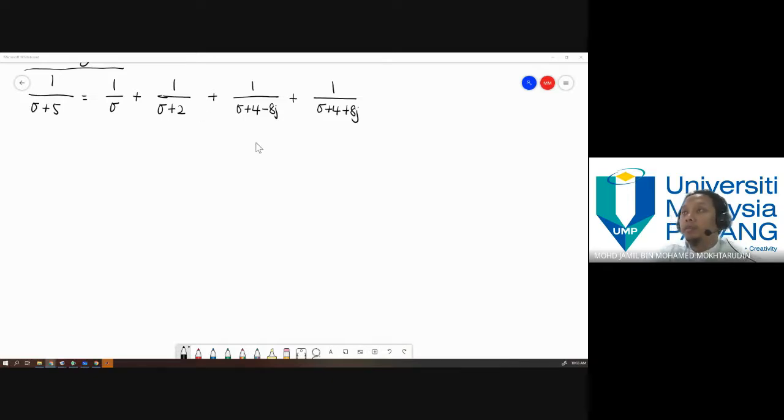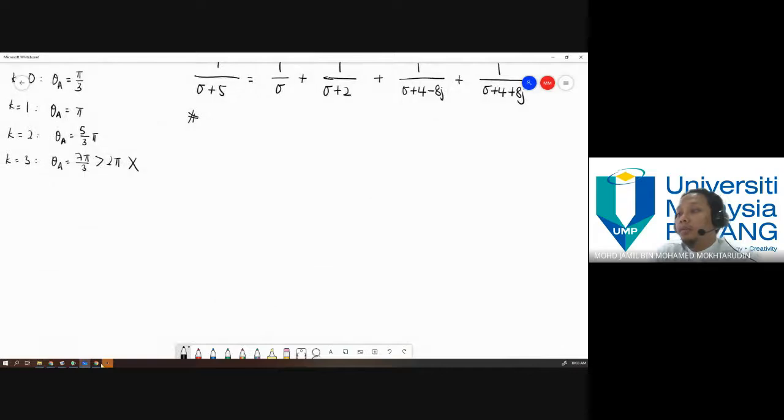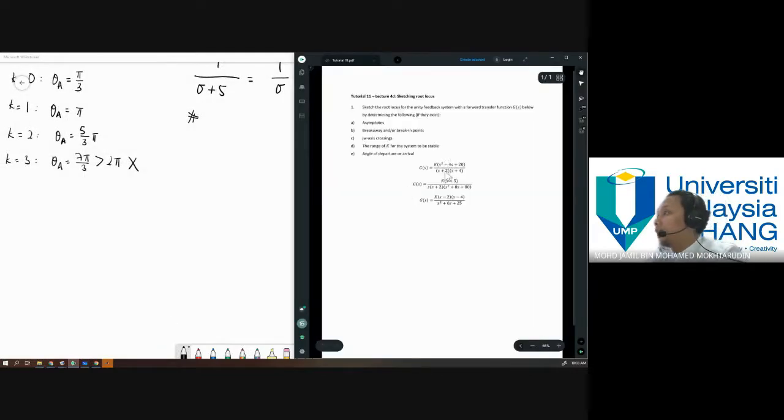Okay, kita skip dulu. Kita tunggu simbol lab kira. And then we can proceed to JW axis crossing.